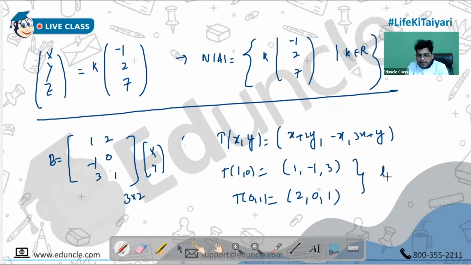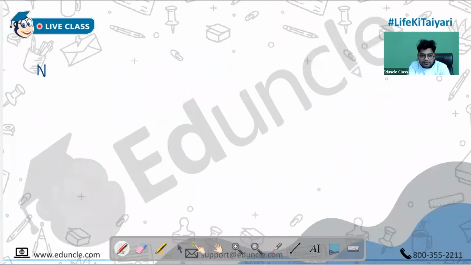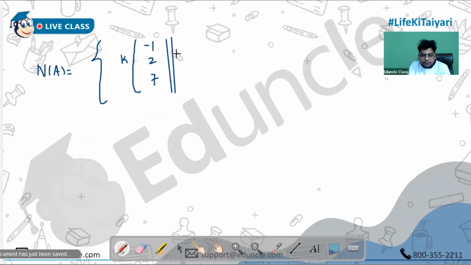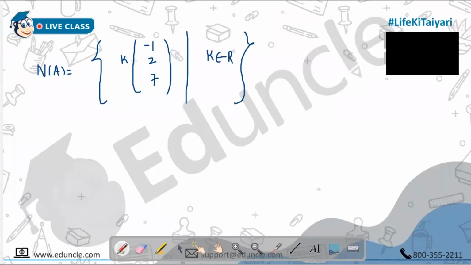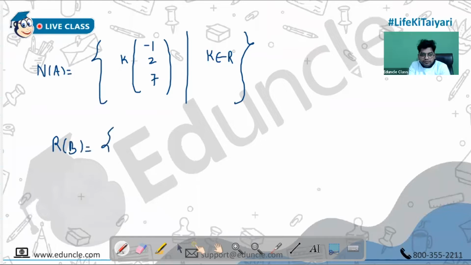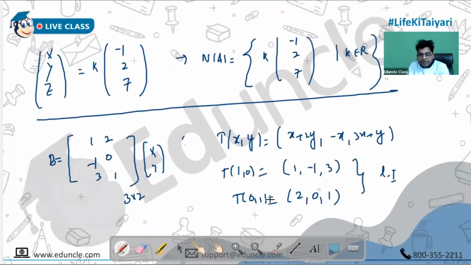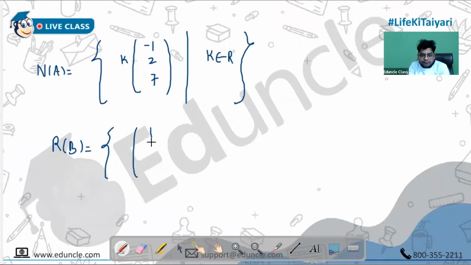So I can say the null space of A, which we have done, is minus 1 2 7, and the range space of B is a linear combination of minus 1 minus 1 3, 1 minus 1 3, and 2 1 2 0 1.